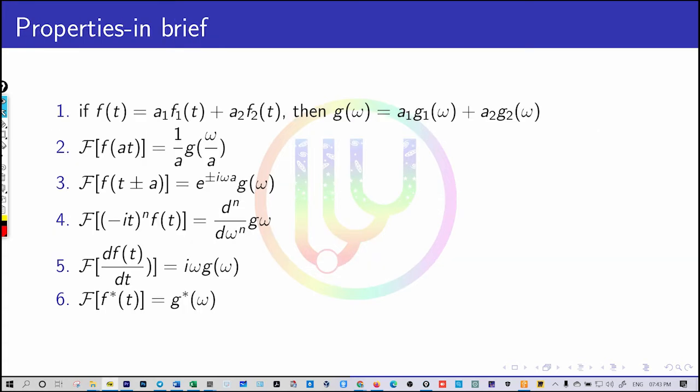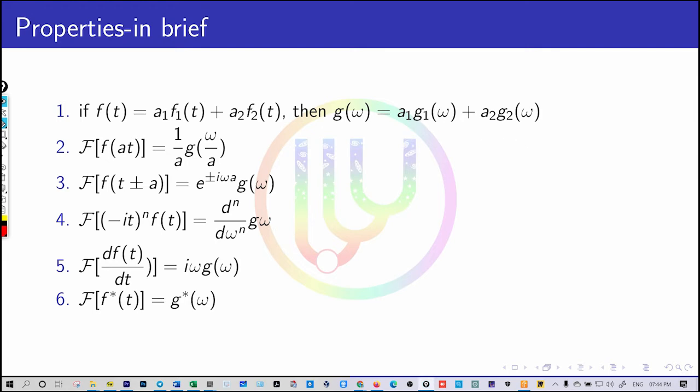Now let me brief the theorems I have discussed above. The first theorem was linearity theorem, right? If we have a linear combination of two functions, a1 f1 plus a2 f2, then the Fourier transform of this linear combination is the linear combination of individual transforms, so a1 g1 of omega plus a2 g2.